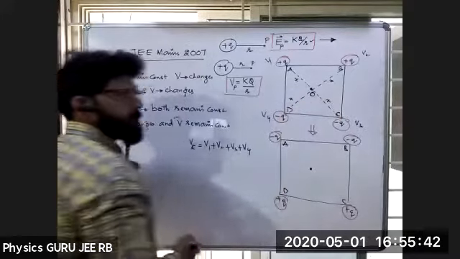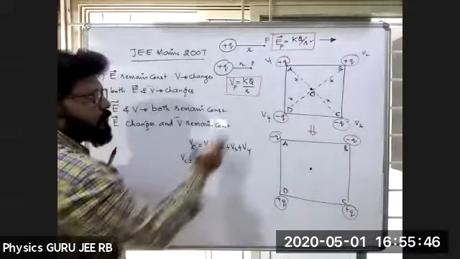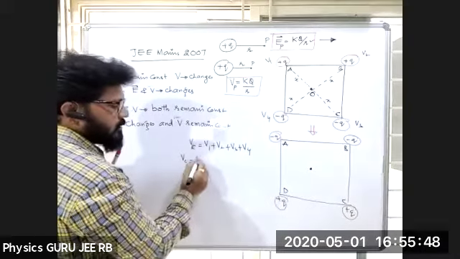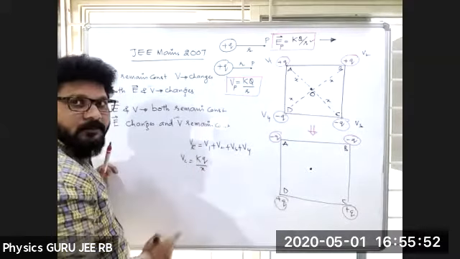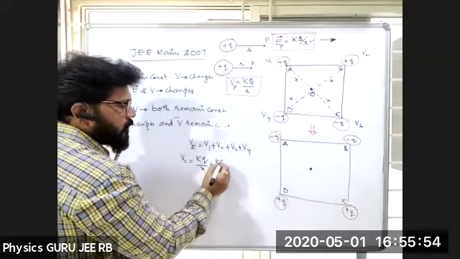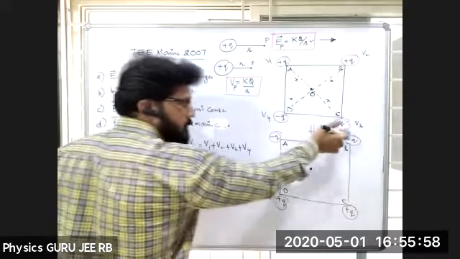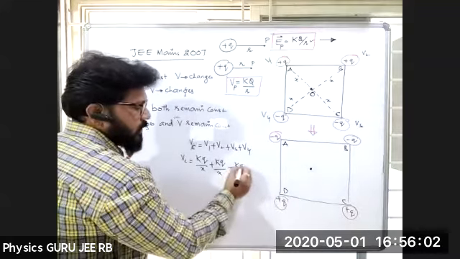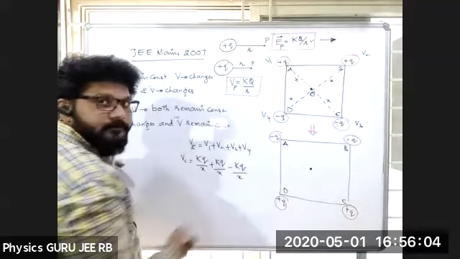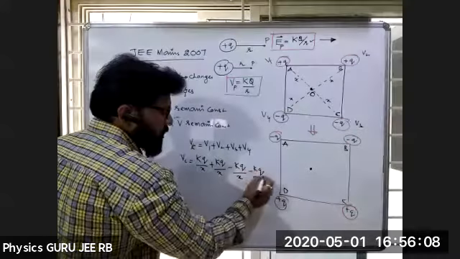Then V at the center is V1, which is KQ divided by X because it is positive. Second one plus KQ divided by X. Third one, minus Q because it is a scalar quantity, minus KQ divided by X. Next, minus KQ divided by X.